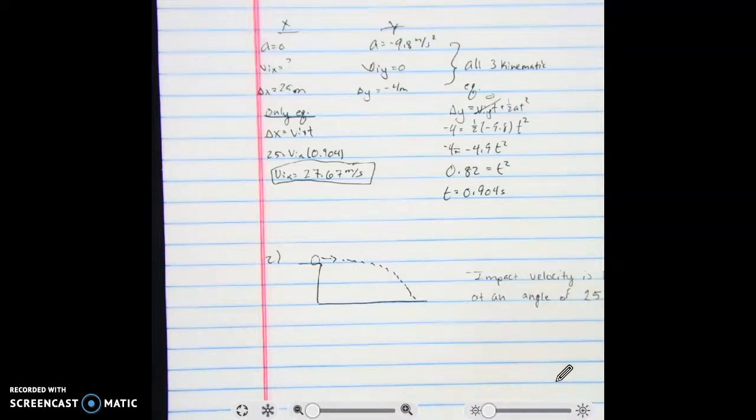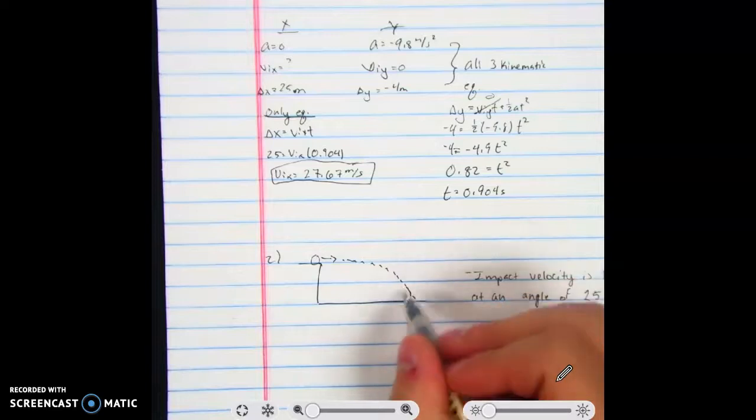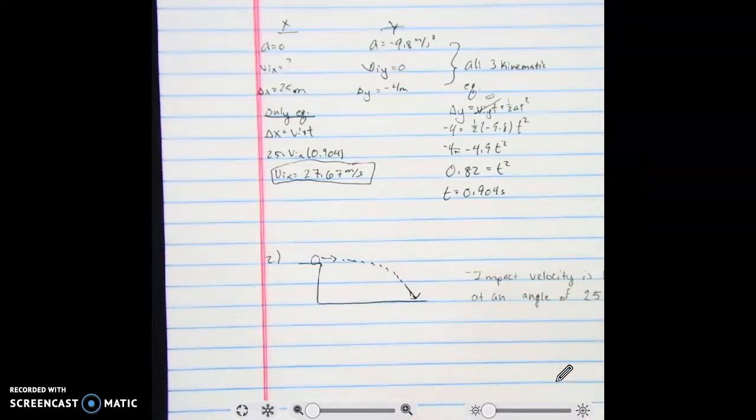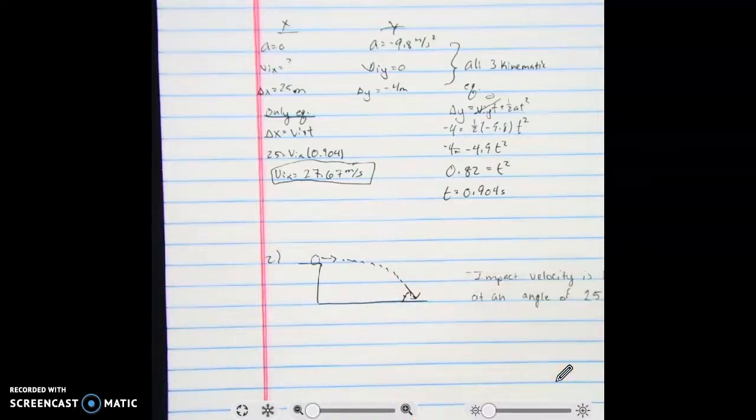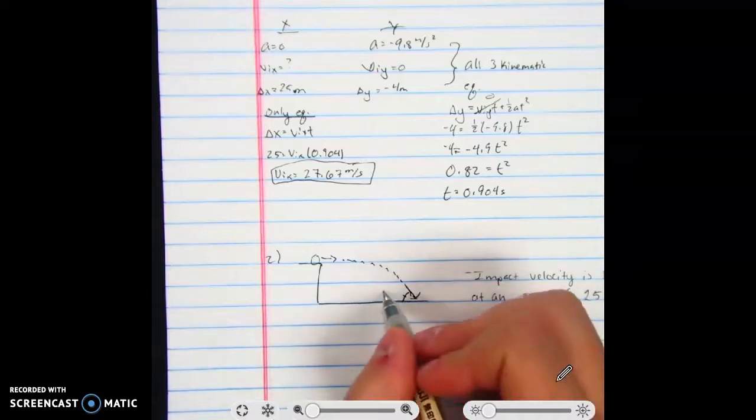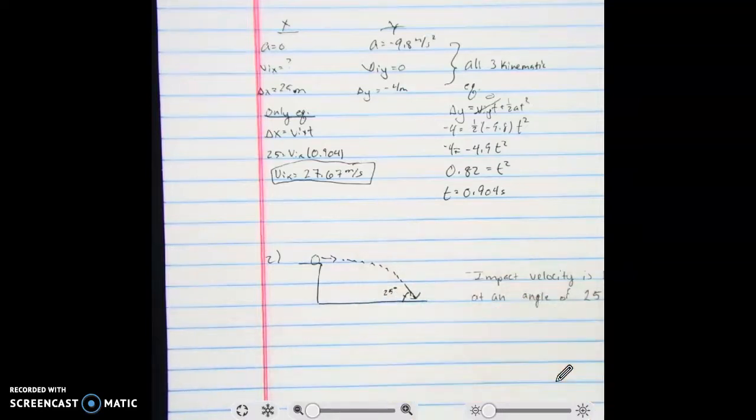So what we're saying is this object is coming down, coming at the ground, hits it, and the angle at which it hits the ground is 25 degrees. I'll zoom in a bit, sorry for that.